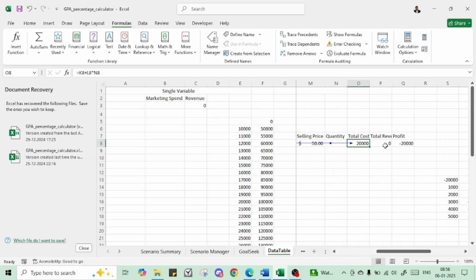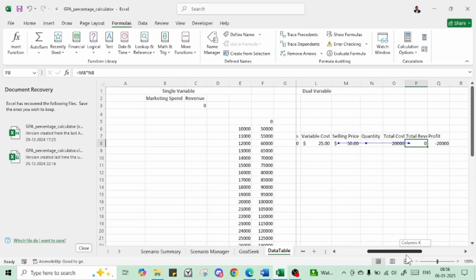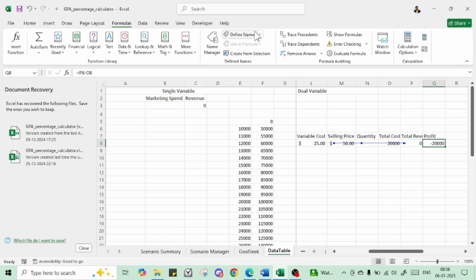Total revenue is equal to selling price into quantity, and profit is equal to total revenue minus total cost. That's how we are getting the profit.